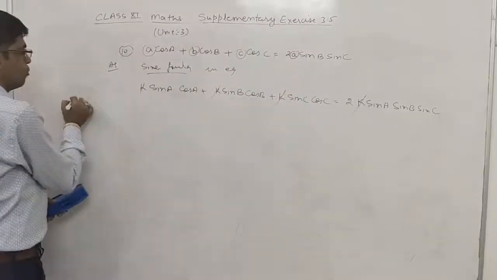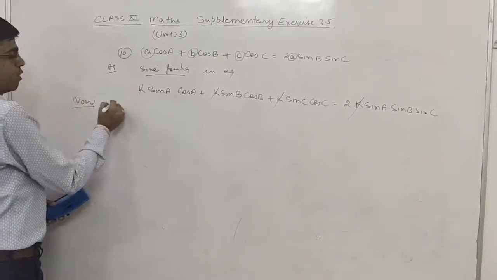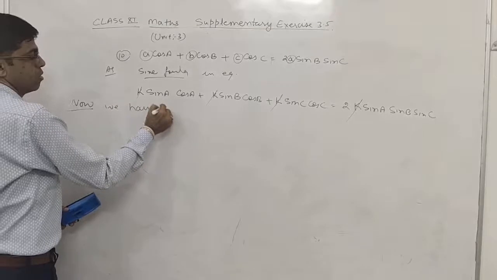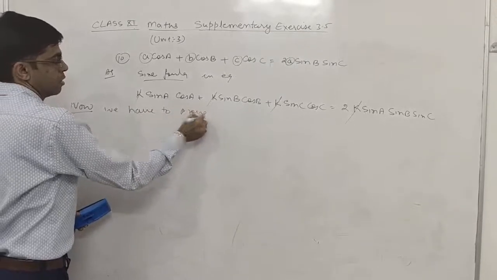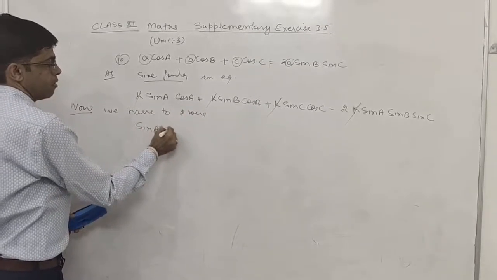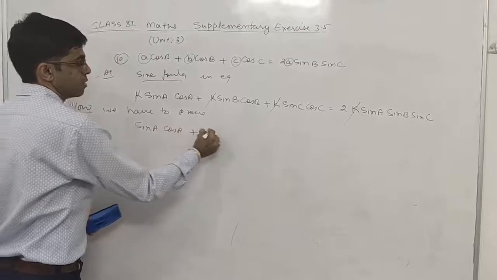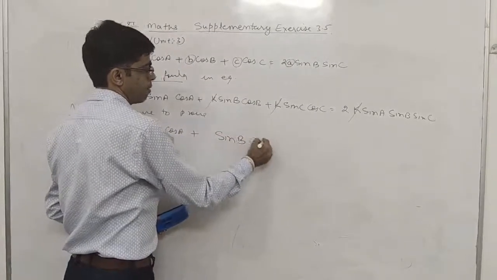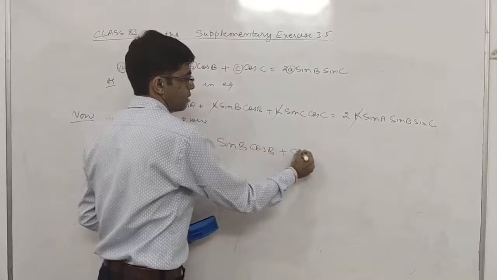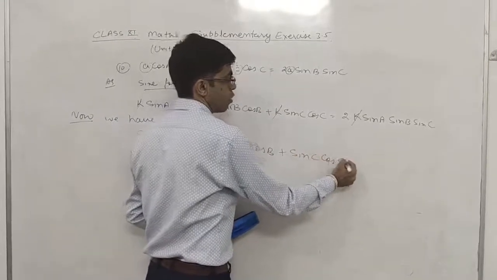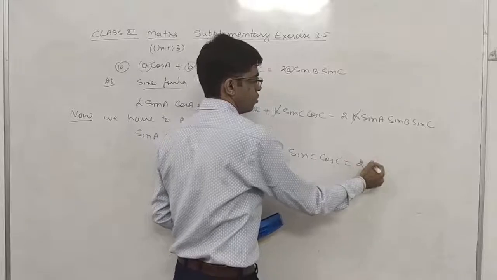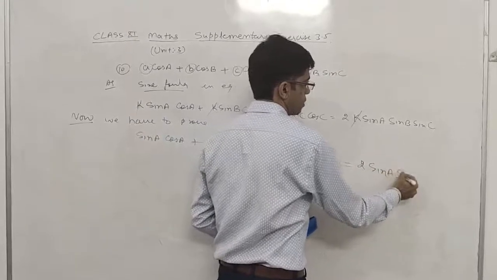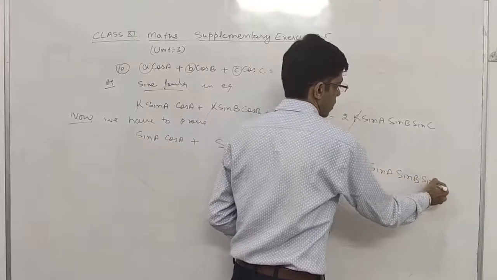Now we have to prove sine A cos A plus sine B cos B plus sine C cos C is equal to 2 sine A sine B sine C.